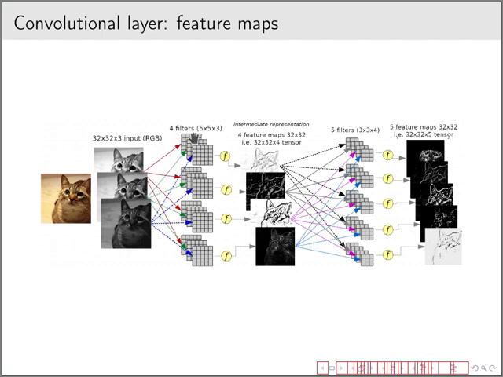For every filter, what I have as output is a feature map. A feature map is basically another image. Remember, when I use a filter to perform convolution with the image, what I have as output is another image, in this case a 32 by 32 image. But what about the padding that we require?